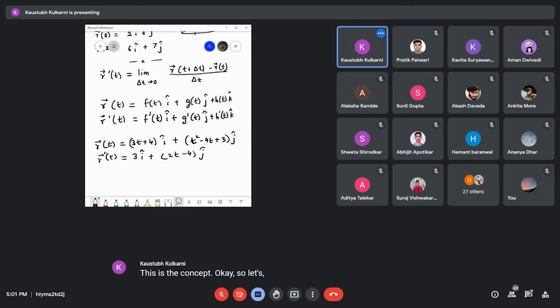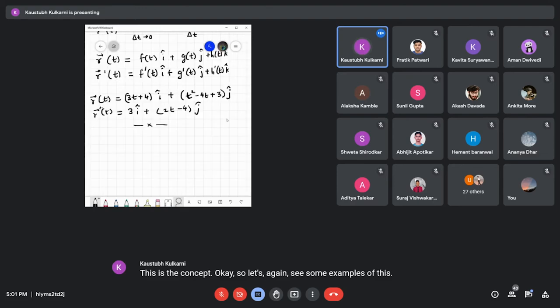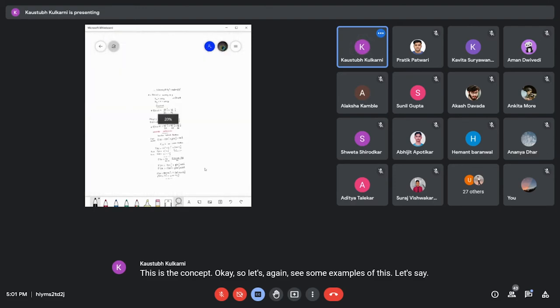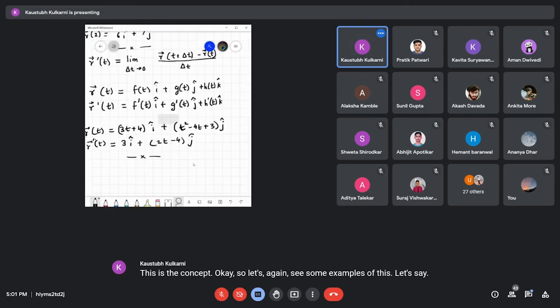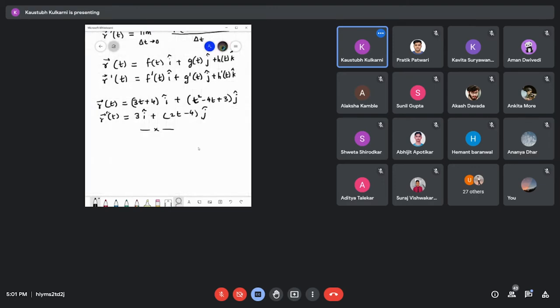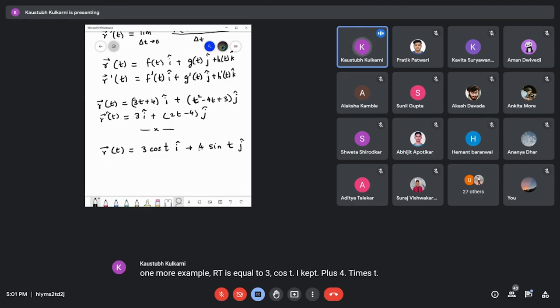Let's again see some examples of this. One more example. r of t is equal to 3 cos t i cap plus 4 sin t j cap.